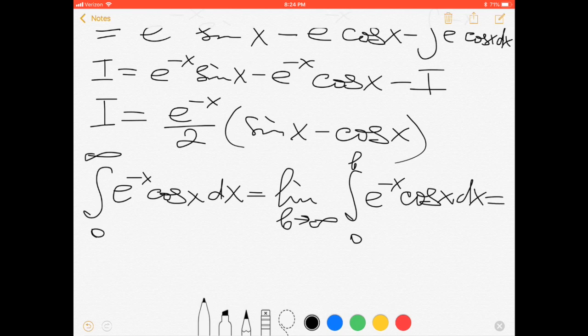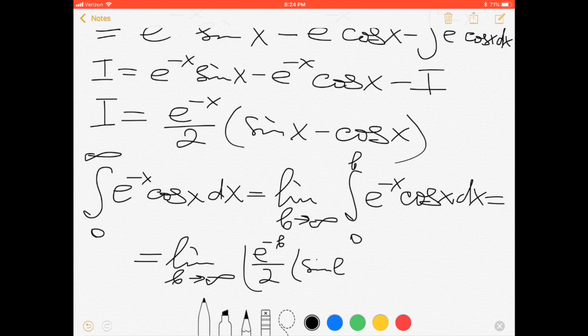And now we use what we computed. We plug in b, limit as b approaches infinity: e to the negative b over 2 times sine b minus cosine b. And if you plug in 0 here, we have minus 1 half times 0 minus 1.